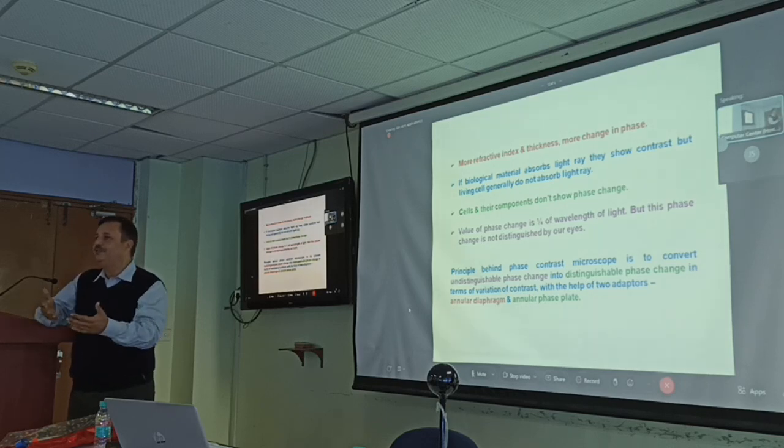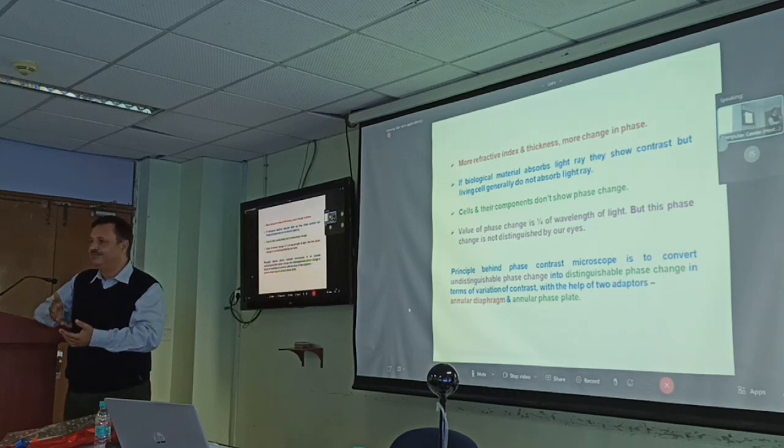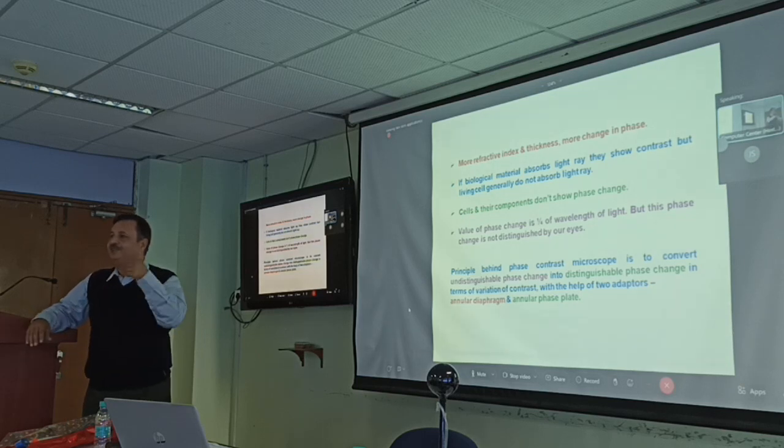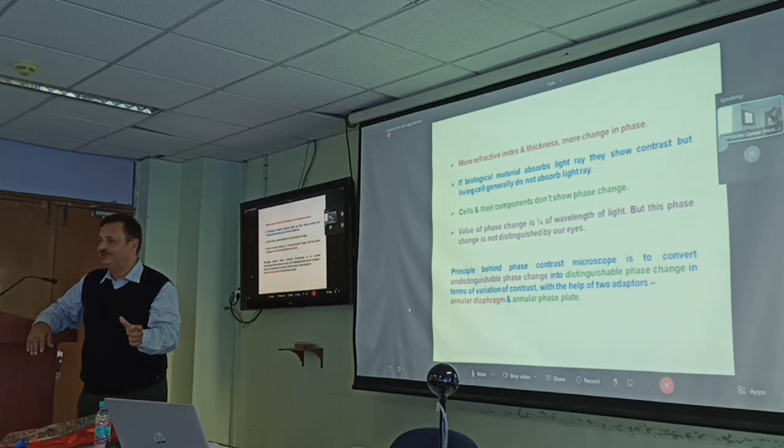So what technically do we mean by visibility? Low contrast. Contrast is the ratio of the maximum and minimum intensity. If the dark is very dark and the bright is very bright, then contrast is good.